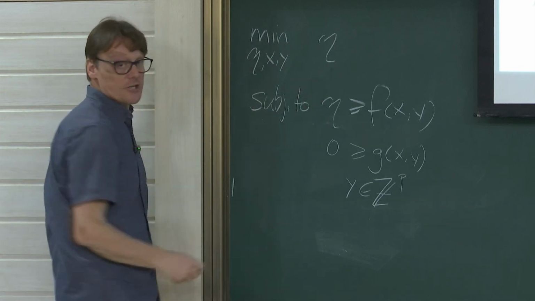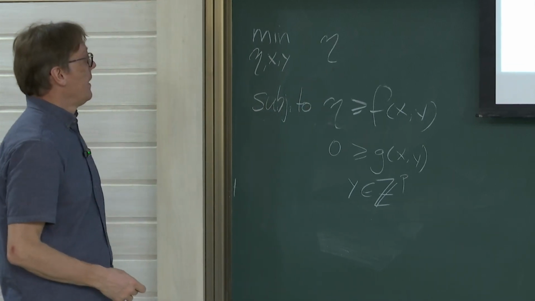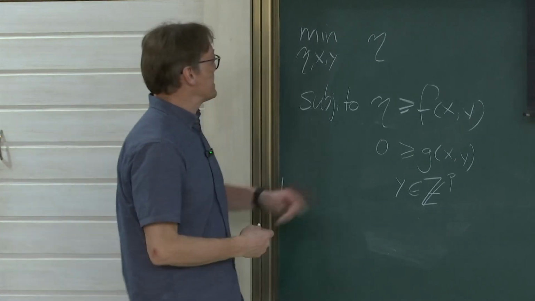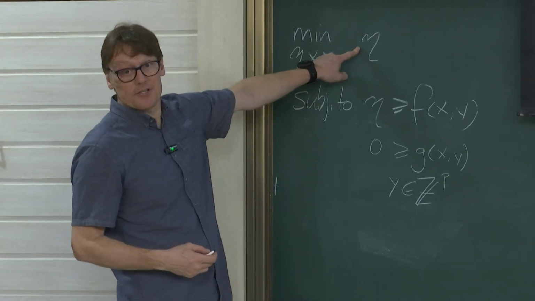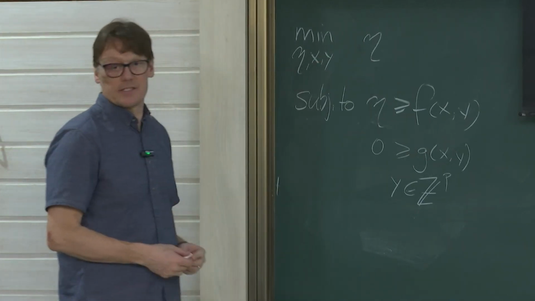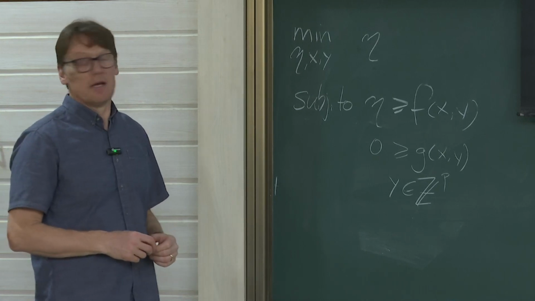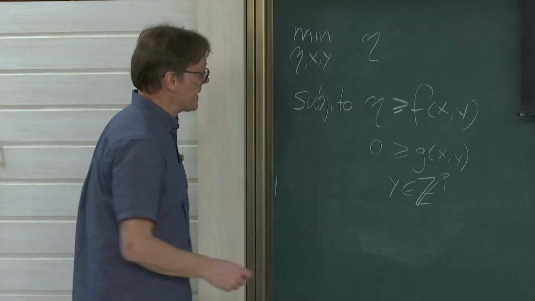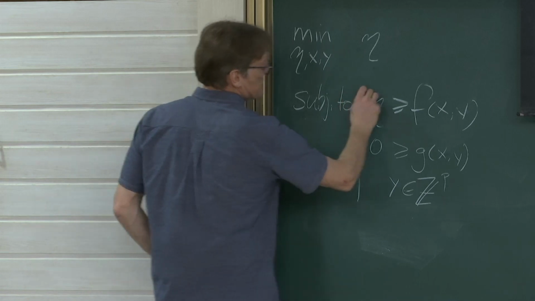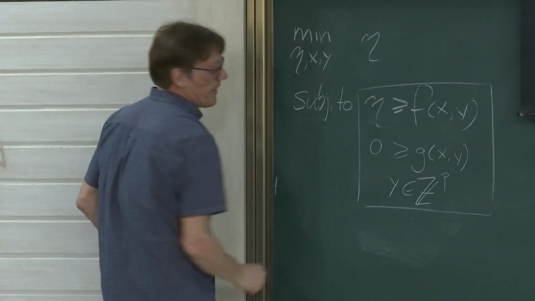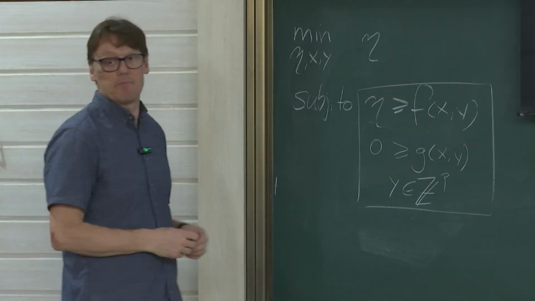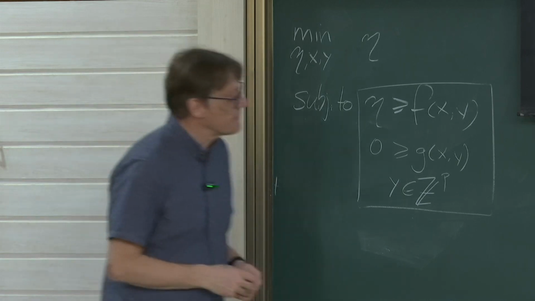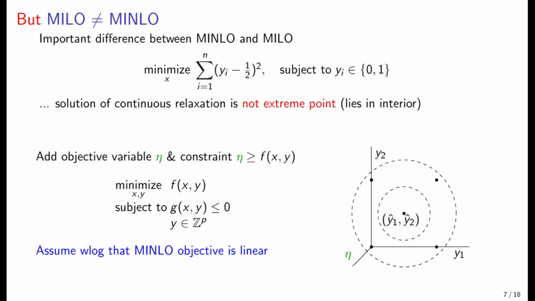I introduced one additional continuous variable, and now I'm always minimizing a linear function over a possibly nonlinear feasible set. If I can replace this feasible set by its convex hull, then the linear function will pick up an extreme point. This is a very important transformation, and we're going to use it throughout for our algorithms.